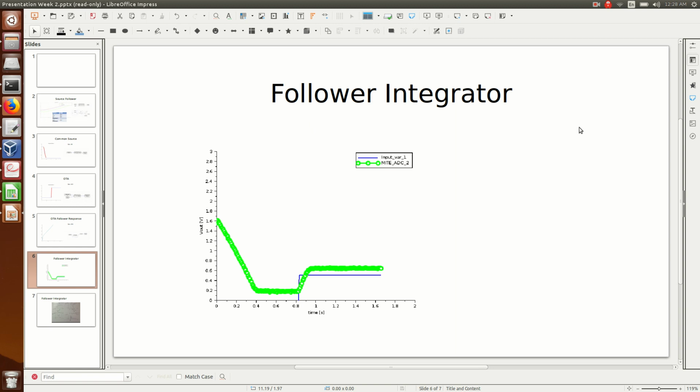So we didn't have time to properly complete the analysis on the follower integrator. Our best set of data for this circuit came at about 11:45. But what you can see is we have the step input function, and then the output voltage lags behind that slightly with the time constant, slew rate kind of effect there.